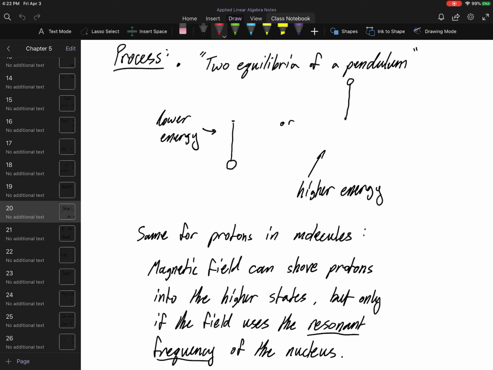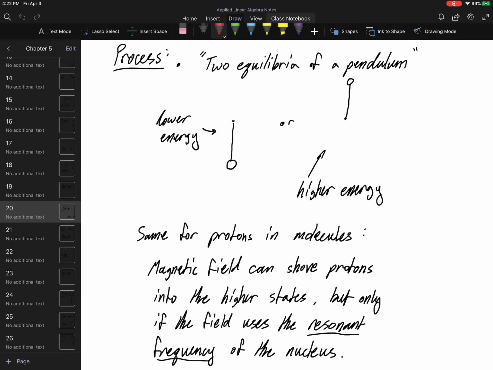But if you put enough energy into the system, you excite those protons and they jump into a higher energy state, right? So think of this as trying to balance that pendulum up high, but you have to feed it a certain amount of energy to do so.